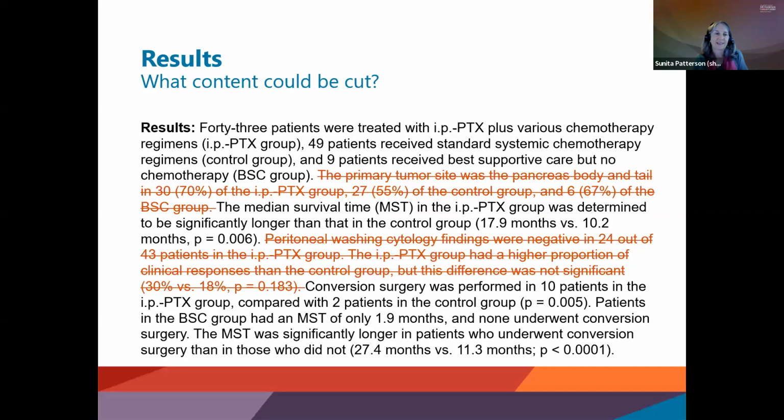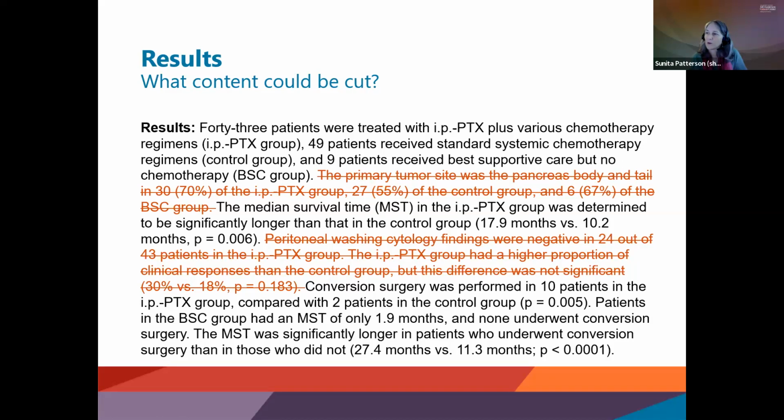And anyway, that second sentence about clinical response is a non-statistically significant finding. So we thought those were easy to cut. We also cut the sentence about the primary tumor site. That's standard information to report in the results section, but not needed for the abstract. Definitely not needed to come to the conclusion that we came to.